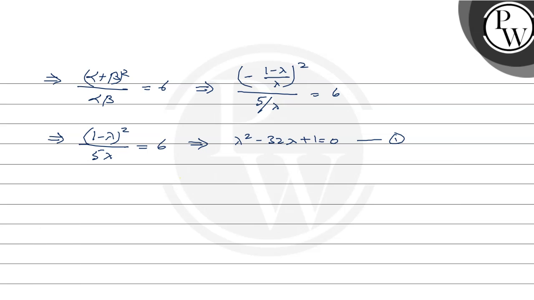So since lambda 1 and lambda 2 are the roots of 1, then I can write directly that lambda 1 plus lambda 2 will be equal to 32, minus b over a, and lambda 1 times lambda 2 is 1.